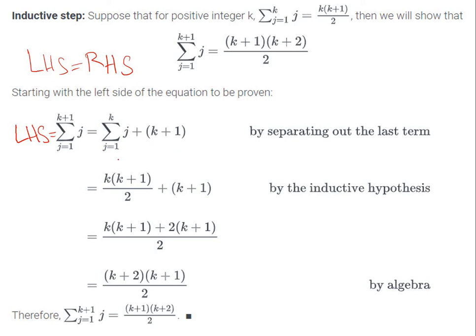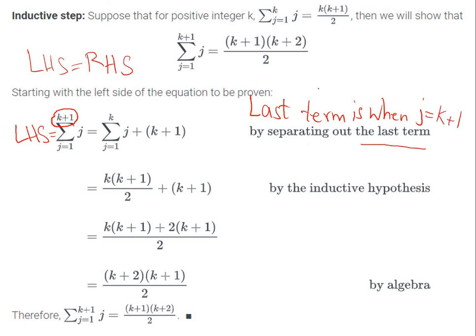First, we're going to separate out the last term. What do we mean when we say separating out the last term? Notice that this is your last term, which is when j is equal to k plus 1.